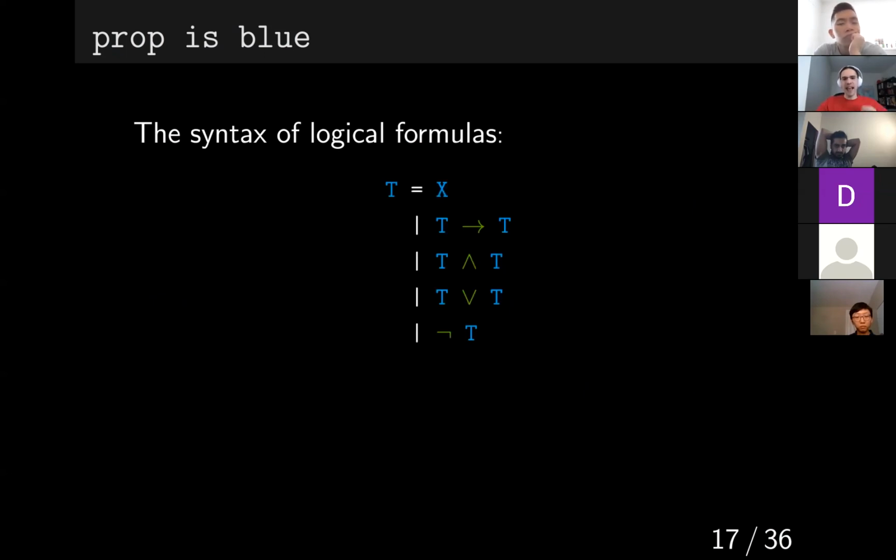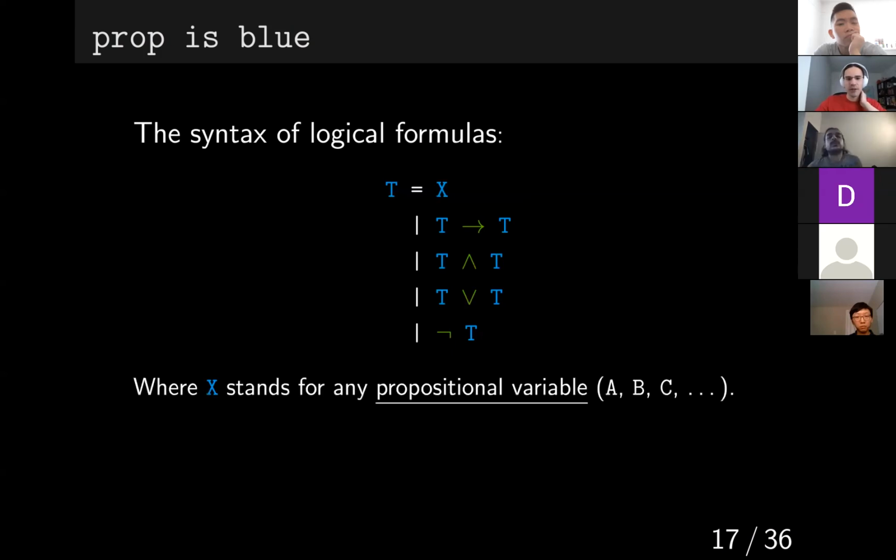Now, X stands for any propositional variable. So we're going to assume that we have an infinite list of variables, which I'm going to denote by capital letters, A, B, C, etc. Well, a propositional variable is an atomic logical statement. So for example, "SBU is in Stony Brook" is a statement. And then let's imagine that that statement doesn't have any other internal structure. So these just stand for some logical statements that we can't look further into.